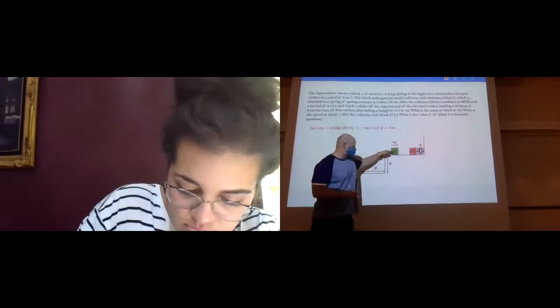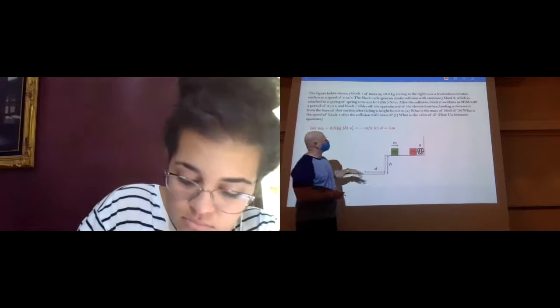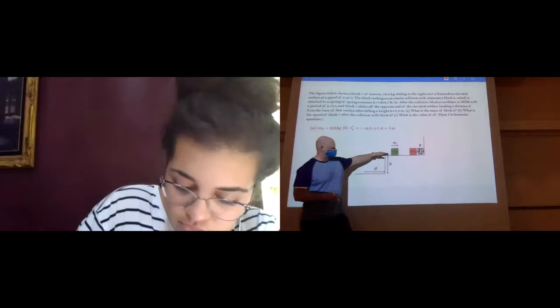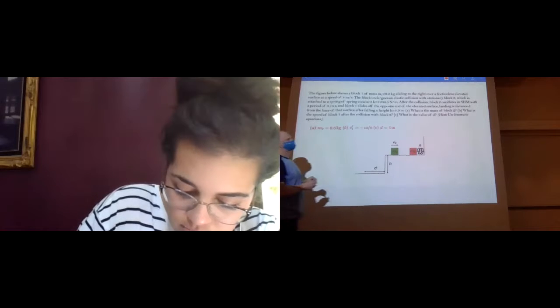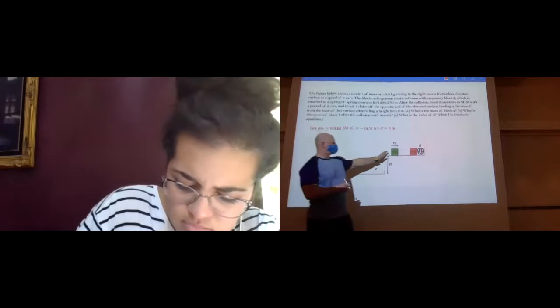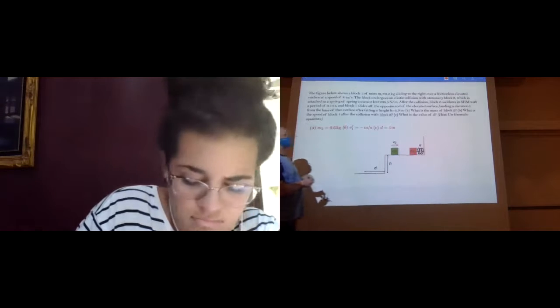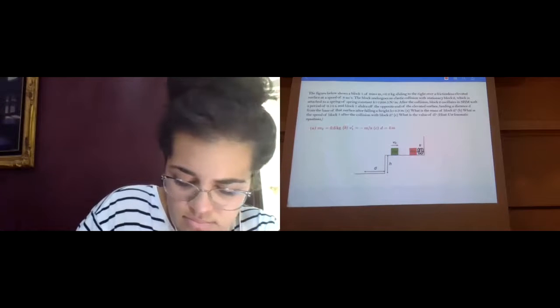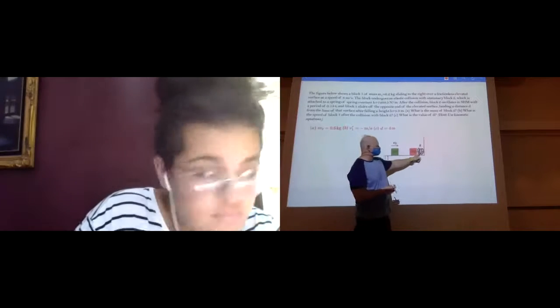So imagine this is a table, which is 4.9 meters above the ground. So this is a flat, frictionless, horizontal table. And M1 here is moving to the right at 8 meters per second. M2 is attached to a spring, which is attached to a wall, where the spring constant is equal to 1,208.5 newtons per meter.